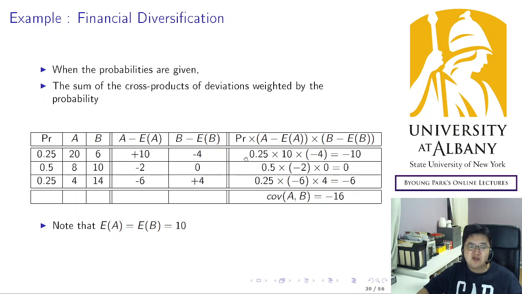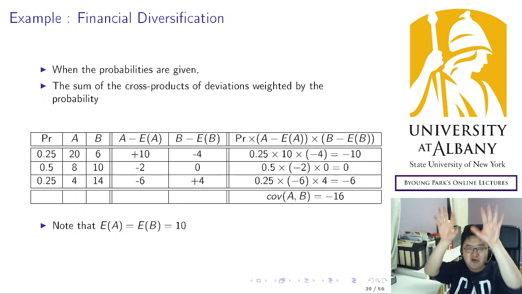So multiply 0.25 times the cross product, 0.5 times the cross product, 0.25 times the cross product, and you will get minus 10, 0, minus 6. These three are the probability-weighted cross products of deviations from the two random variables.